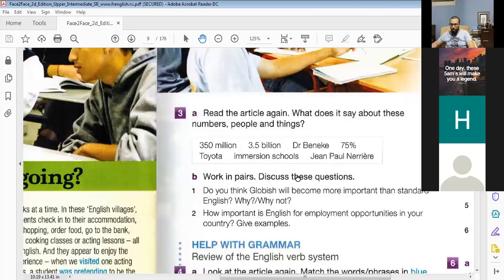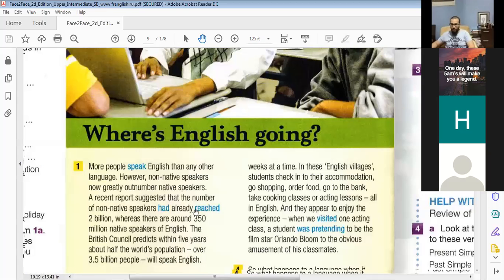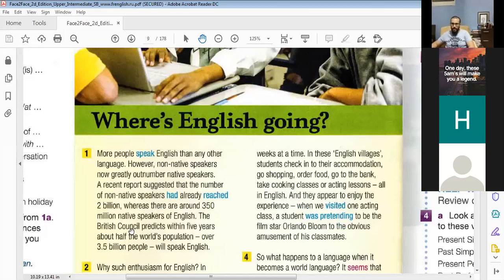Okay, so we want to look for 3.5 billion. So here it is. Can you see it? Yeah. So this is what the British Council predicts in 5 years' time, the number of people who will be speaking English. Okay, so it's a future prediction or estimation.